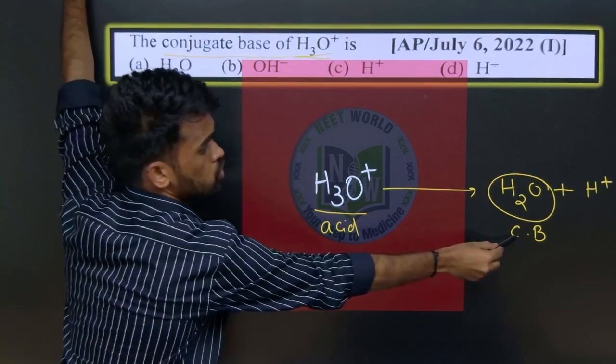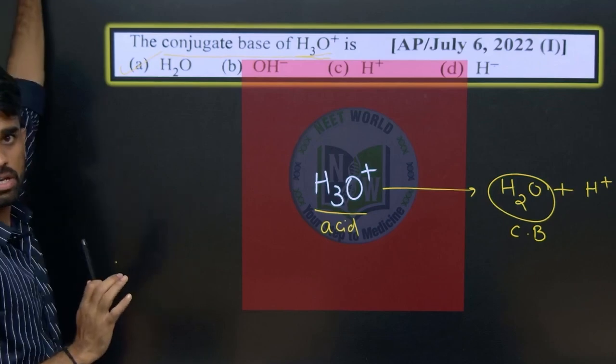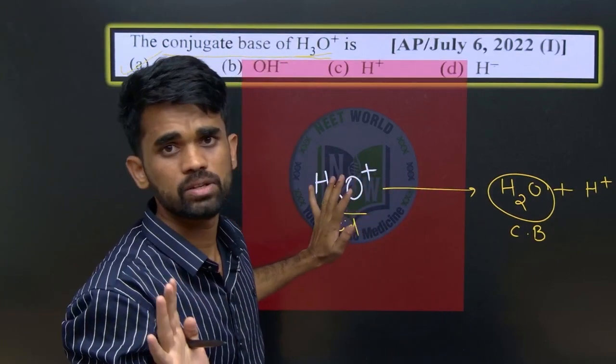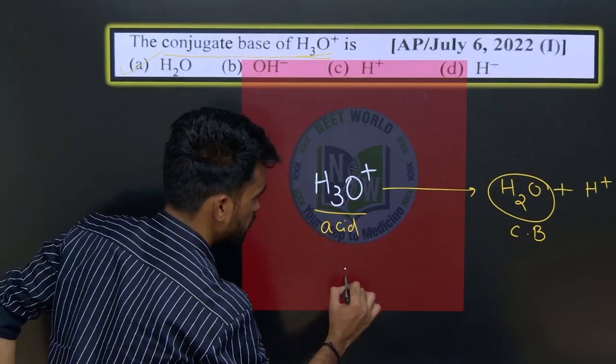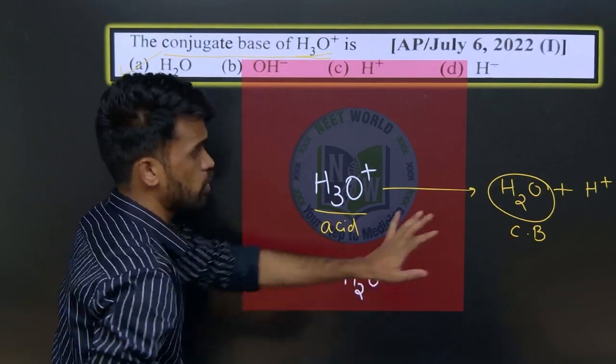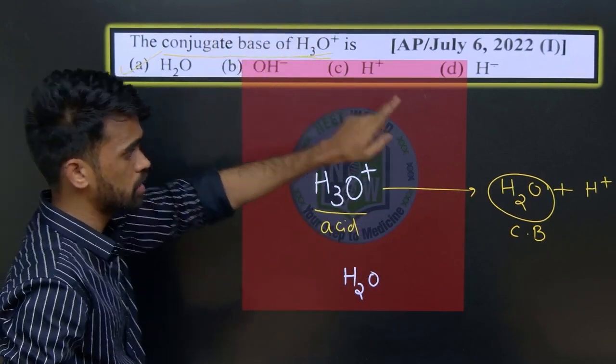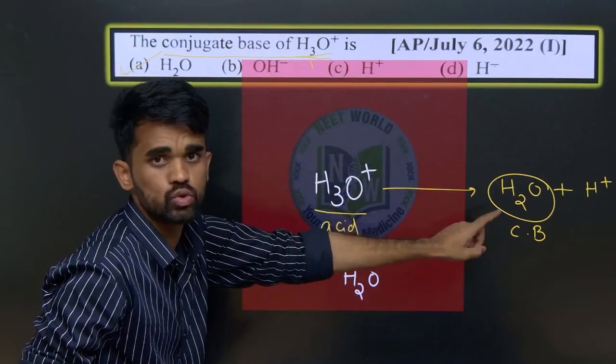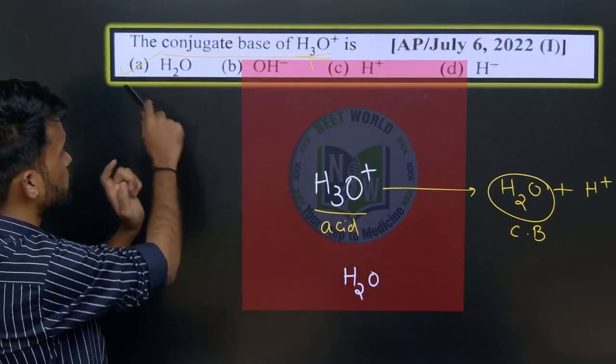H2O, that's it. This is a very easy and simple question based on theory. The conjugate base of H3O plus ion will be H2O.